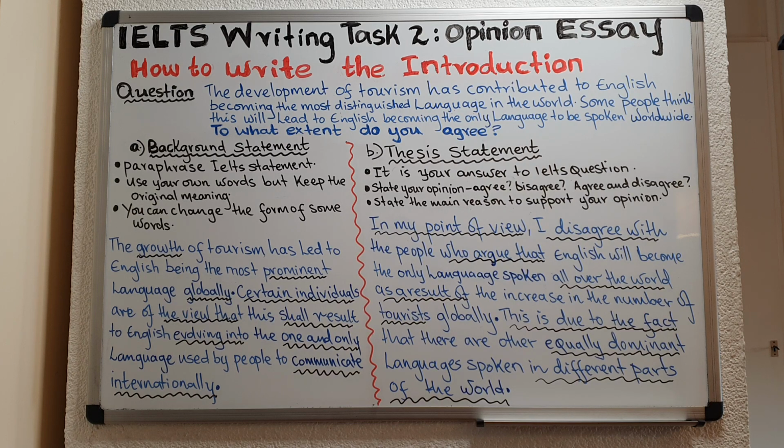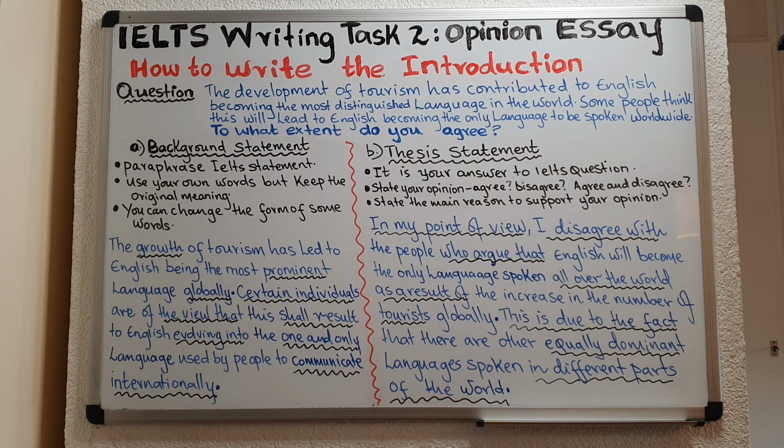The first part was the development of tourism has contributed to English becoming the most distinguished language in the world. That because of tourism, English has become the most widely used language in the world. And the second part, some people think this will lead to English becoming the only language to be spoken worldwide. So the second part means because of the spread of tourism, in the near future, English will become the only language that is spoken worldwide.